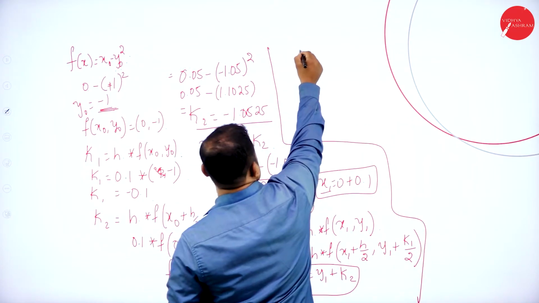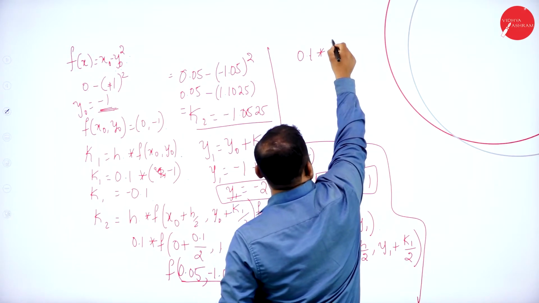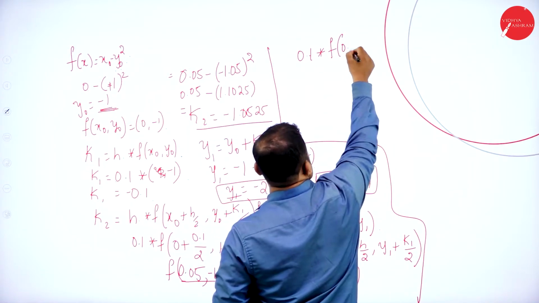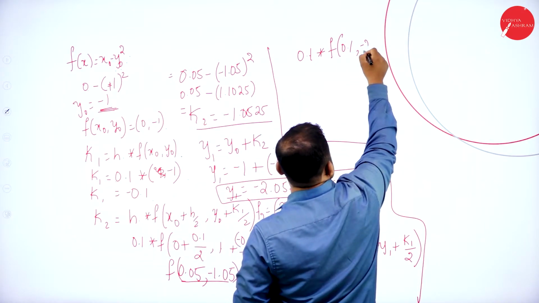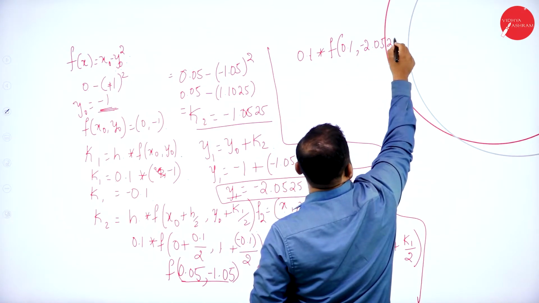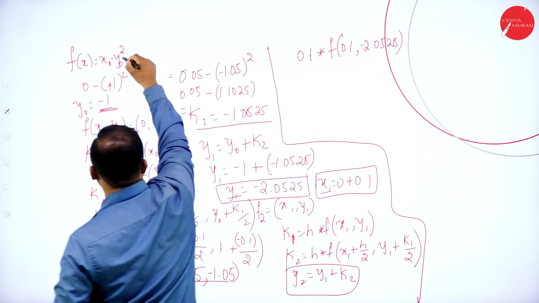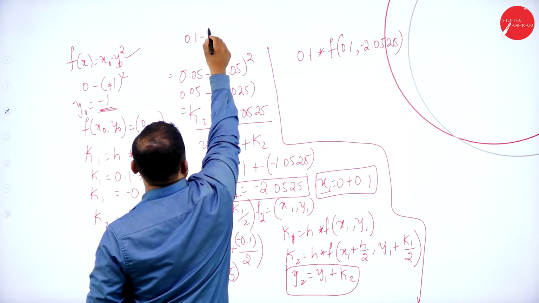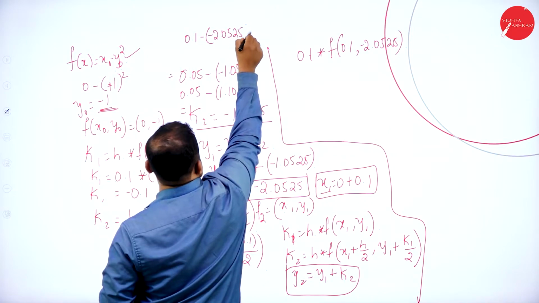K1 is equal to h. H is what? 0.1 into f of x1 comma y1. What is x1? 0.1, comma minus 2.0525. Let me substitute this into that equation. How can I substitute into this equation now? That is 0.1 minus of minus 2.0525 whole square.